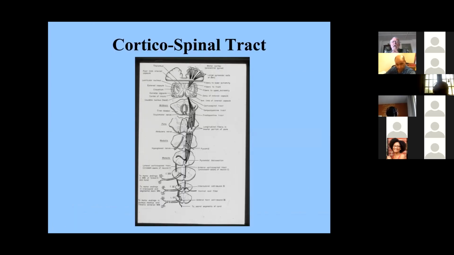So now I go into the corticospinal tract. And the point of the matter is, I've been talking about the corticospinal tract ever since we started the class. Roughly an hour into the first lecture, I basically showed you a diagrammatic demonstration of the superior surface of the brain.